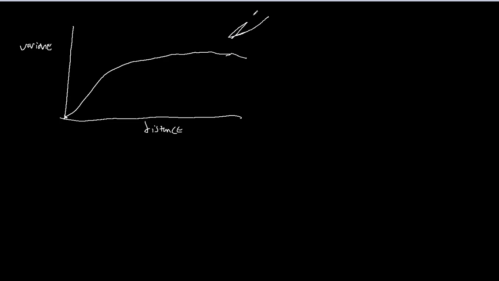This graph comparing variance to distance, this is called a semivariogram. Again, this graph showing variance to distance, this is your semivariogram.